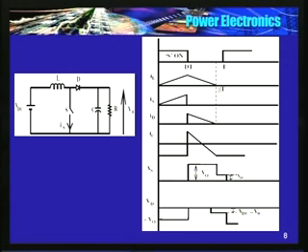It is a constant current, discharging at a constant rate. The moment I open the switch, it starts charging. When the inductor current becomes equal to the load current, capacitor current becomes 0.